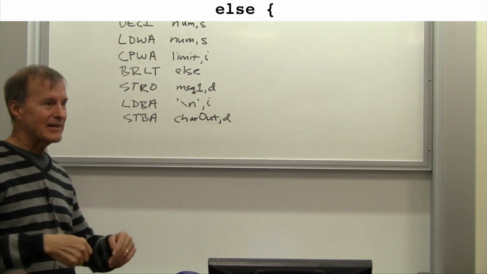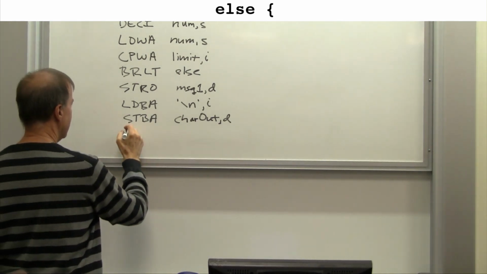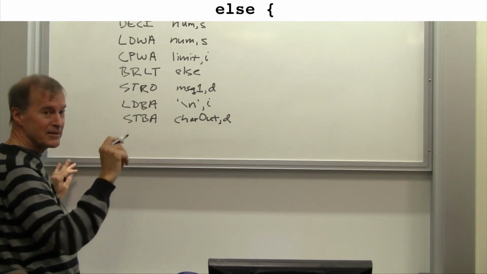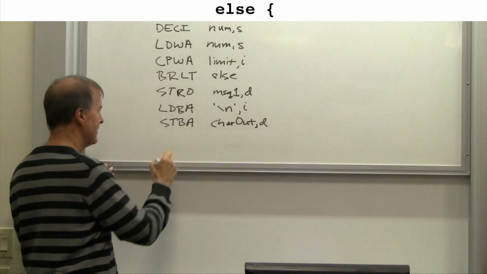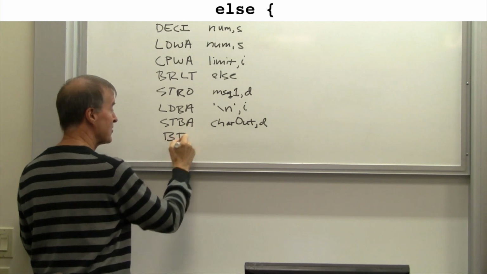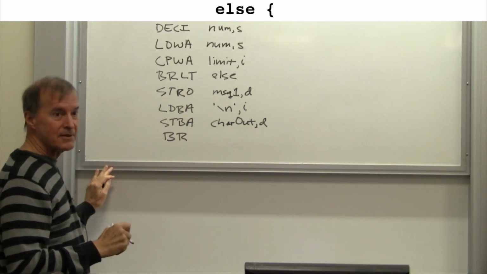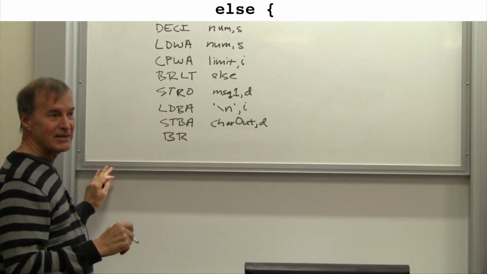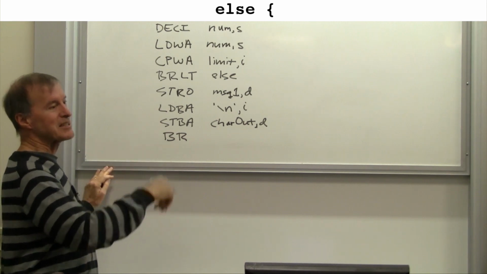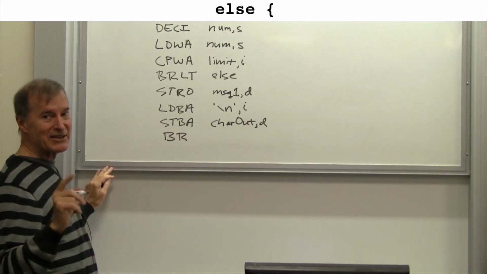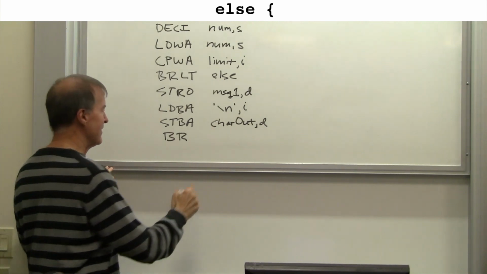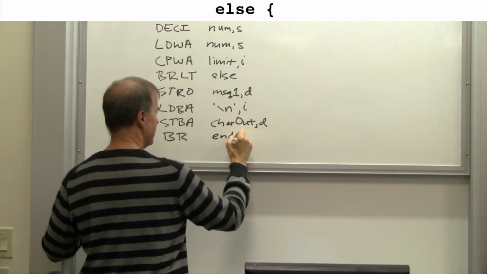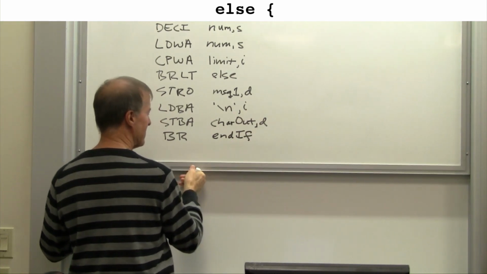Would we call that an if? Now, what goes here instead? This is an unconditional branch. Once we get there, we always want to skip around. Is everybody clear on that? To where? To some end-if. Oh yes, that was a major mistake.